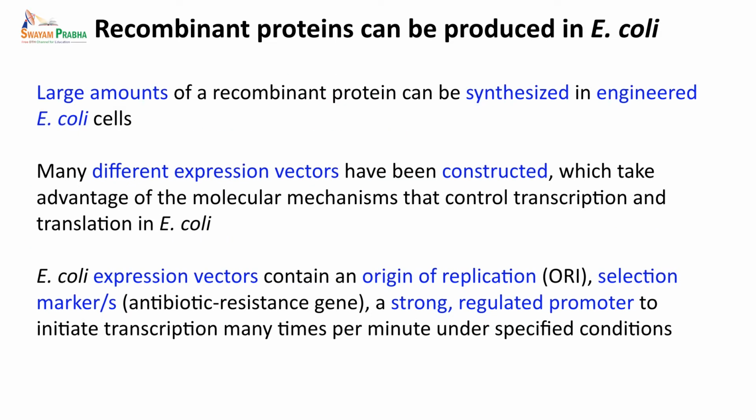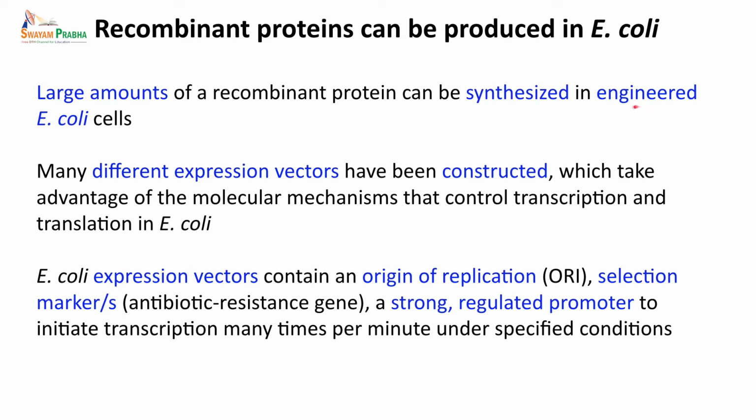Okay, so E. coli, of course, has many advantages to be used as a host for recombinant protein production. And so large amounts of any recombinant protein can be synthesized in E. coli. But the E. coli that are used for these purposes in the lab are not just any wild E. coli that is occurring in the environment. They are all engineered strains.